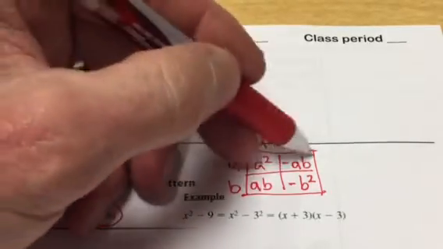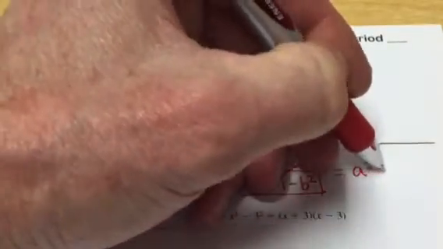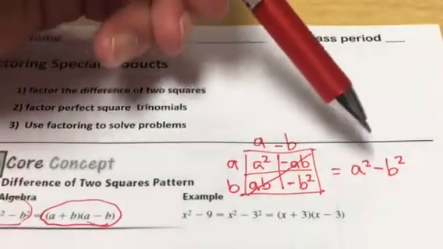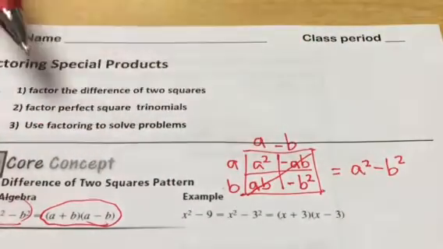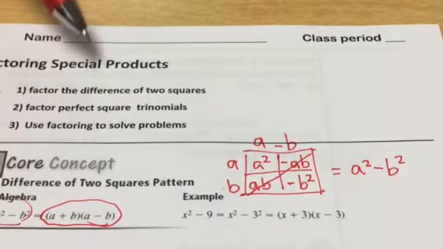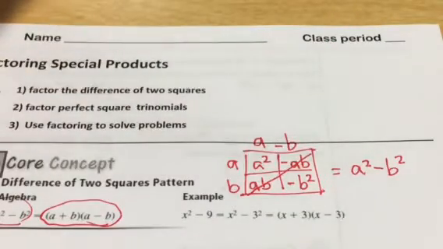So they're going to eliminate each other when we combine the things inside the box. So the result is a squared minus b squared. Because that's got subtraction, that's why this is called a difference of two squares.